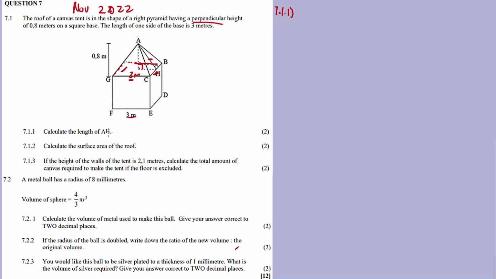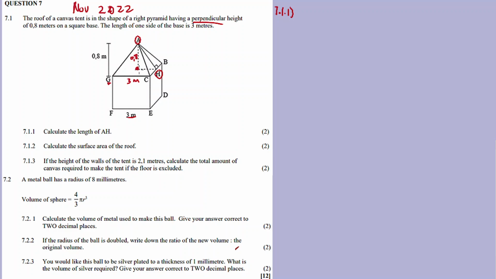Now, 7.1.1, calculate the slanted height AH. Since you know the height, which is 0.8, and the base is 3 meters, and the perpendicular height is at the center of this square, it means 3 divided by 2 is 1.5.